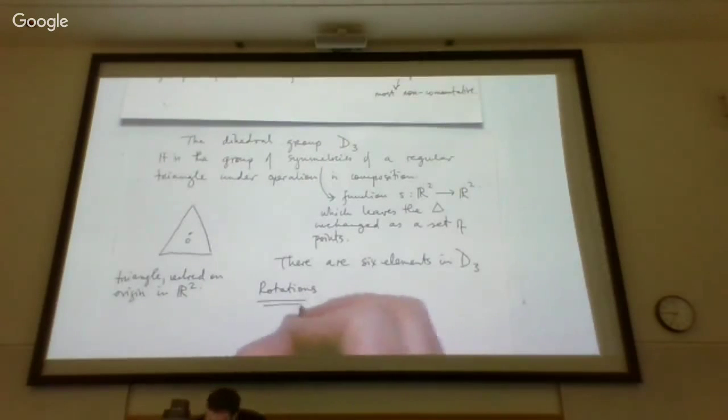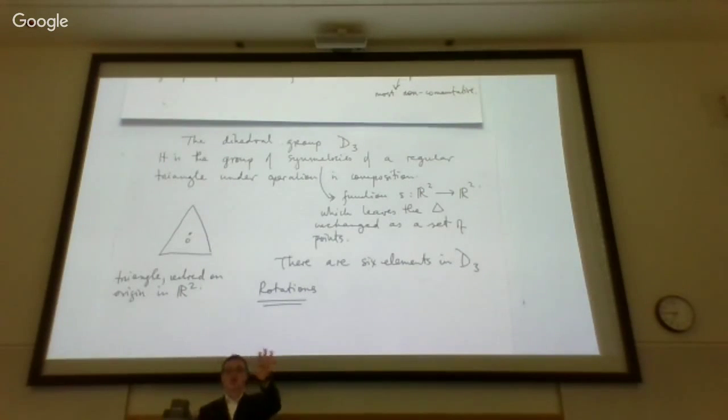So rotations. There are certainly, you can rotate the triangle, and it's still the same triangle. So you can rotate it 1/3 of a full turn. The individual points in the triangle will move to different locations, but it's still the same triangle sitting there, centered on the origin. You can rotate it by 1/3 of a turn. You can rotate it by 2/3 of a turn. Are there any other rotations?